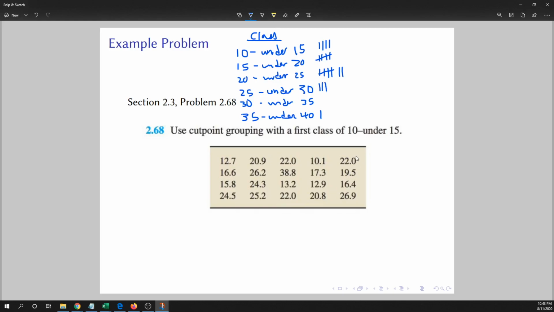Okay, so that would give us the frequencies now. We can write those down. All right, and so we have 4, 5, 7, 3, 0, and 1. All right, so there's our frequencies, and then our relative frequencies.